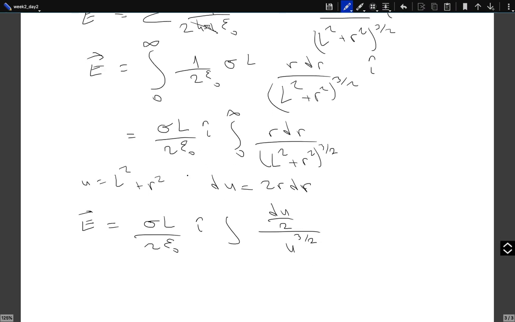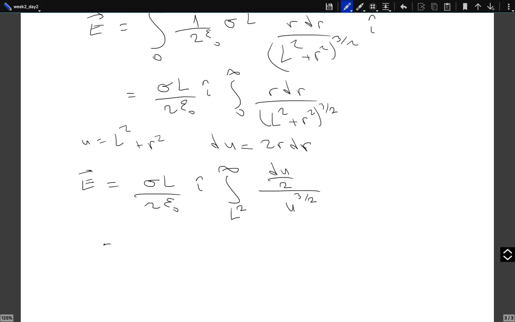The limits: when r is equal to 0, u is L squared. When r goes to infinity, u becomes infinite. Well, this becomes sigma L over 4 epsilon 0 I in the vertical direction, that is away from my plane.